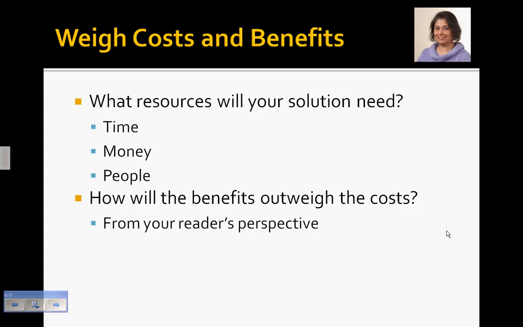But if I'm able to reach more people who have disabilities and find them meaningful jobs, find them places to live where they can be independent, that benefit can also be weighed against the costs of the project. So don't be afraid to relate it to the mission or the core values of the organization as well.